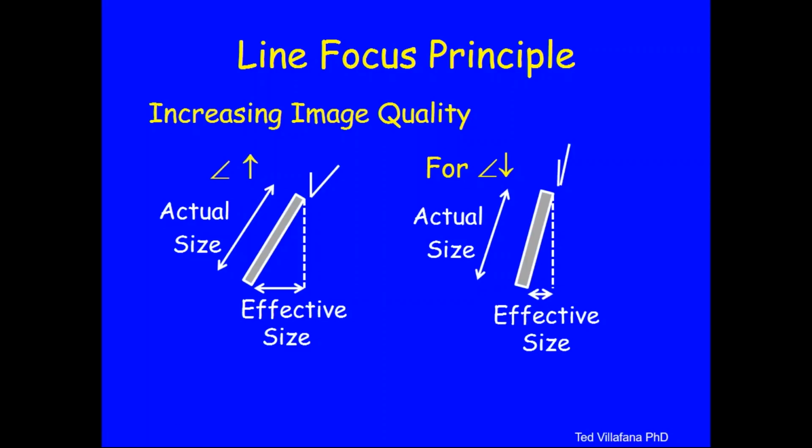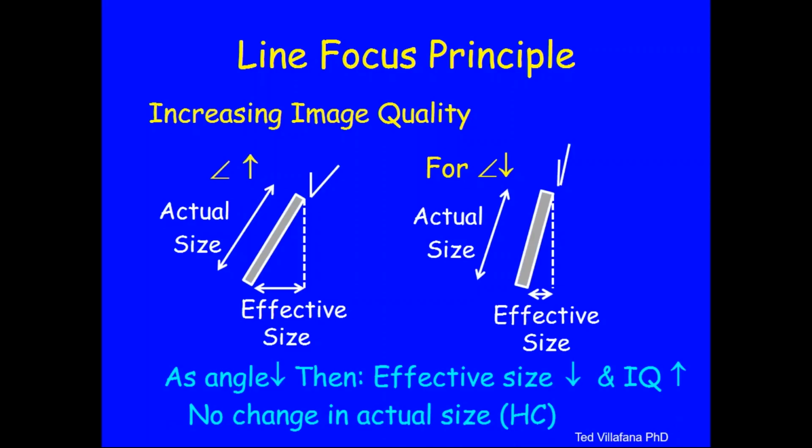I can change the angle to make it smaller and now capitalize on image quality with no penalty on heat capacity. So going to a smaller angle will give me two possibilities: better image quality or better heat capacity. Okay, and in each case, I can maximize one without penalty on the other.